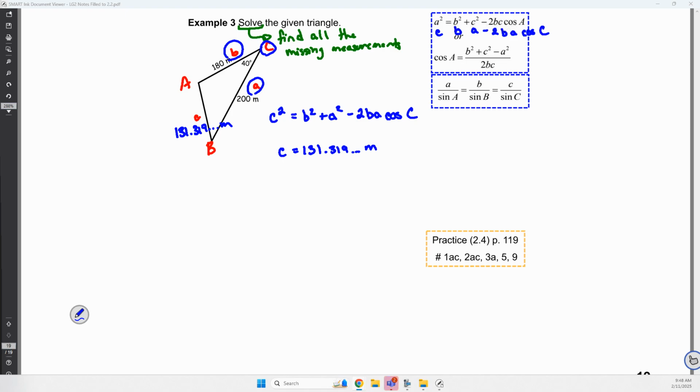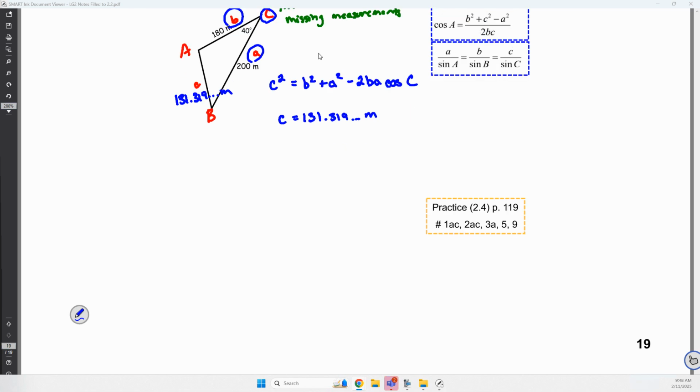I could keep going with the cosine law and keep finding this, but this is a lot of work in math. What else can I do? Well, all I need to do is find one more angle, and then I can solve the other angle using the addition of angles. How do I do that? Well, the easiest way is just using our sine law.